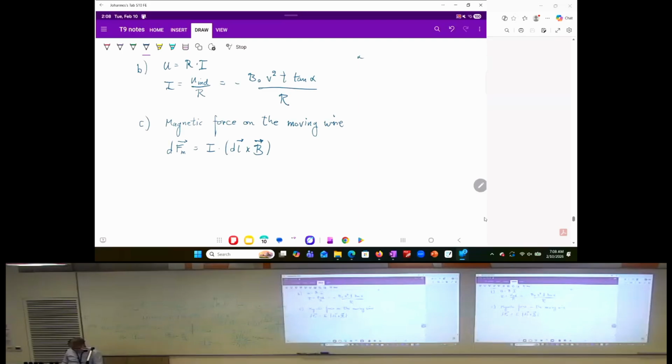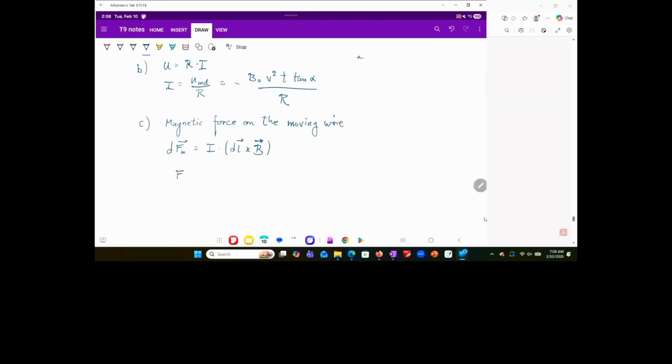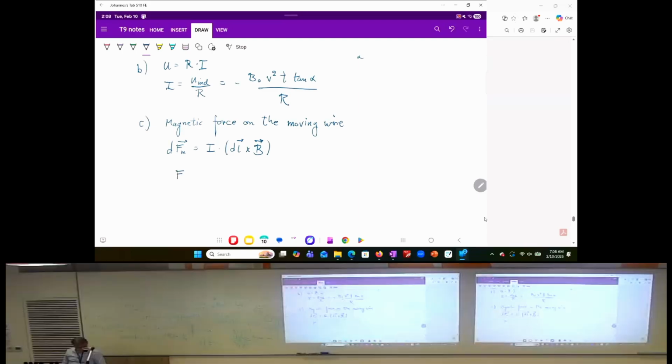This is on a short wire segment. The complete force on the wire we obtain by integrating along the wire over this differential force element.